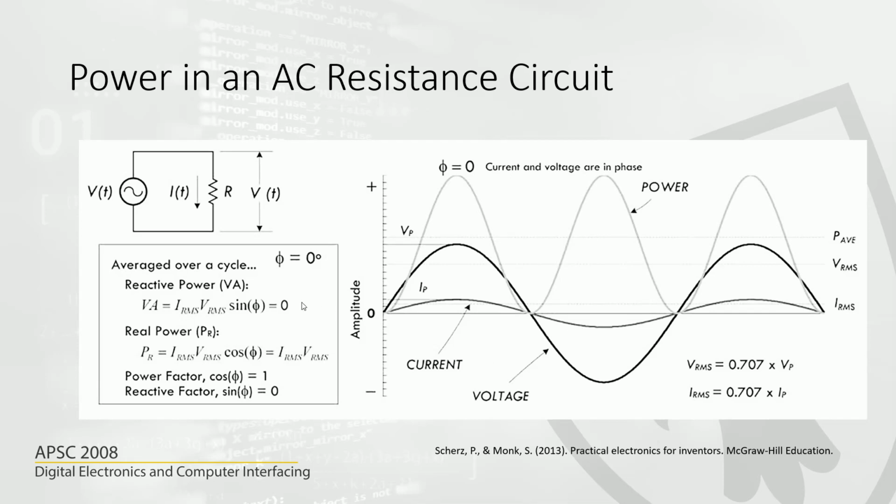For our power calculation, we just multiply our voltage by the current. During the positive half cycle, the current is positive and the voltage is positive, so the power is going to be positive. Likewise, in the negative half cycle, both of them are negative.